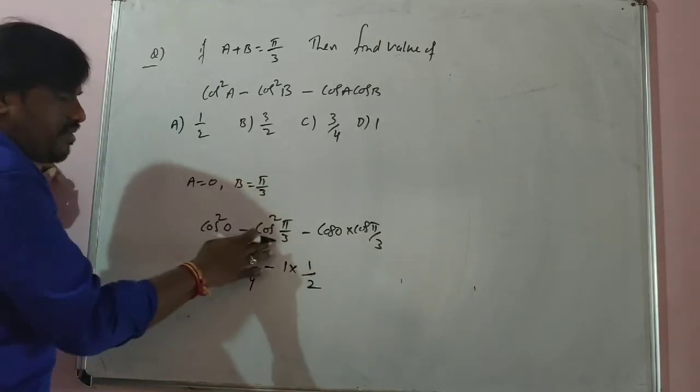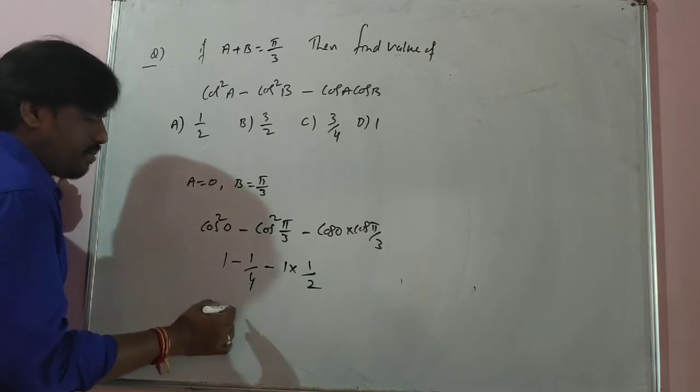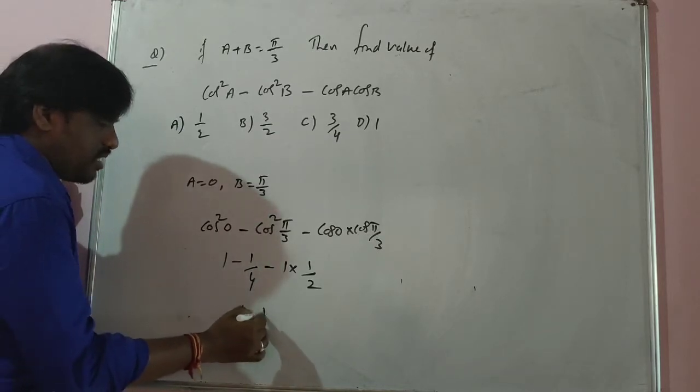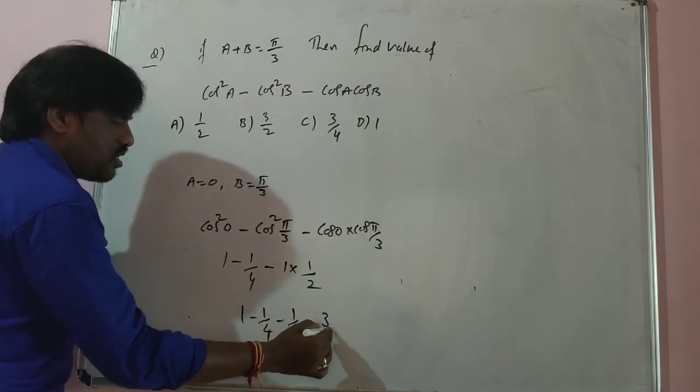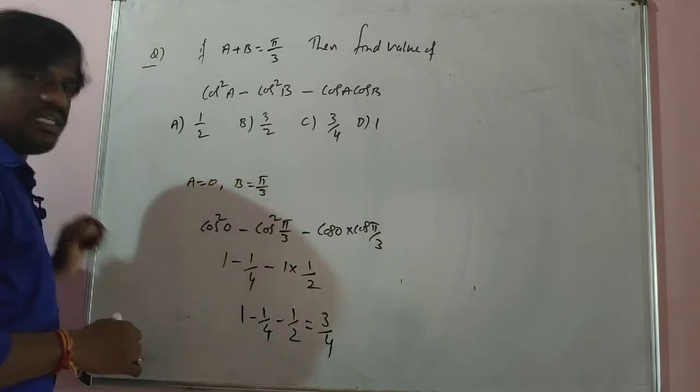So what I am getting here is 1 minus 1 by 4 minus 1 by 2, that is equal to 1 by 4. The answer is 3 by 4.